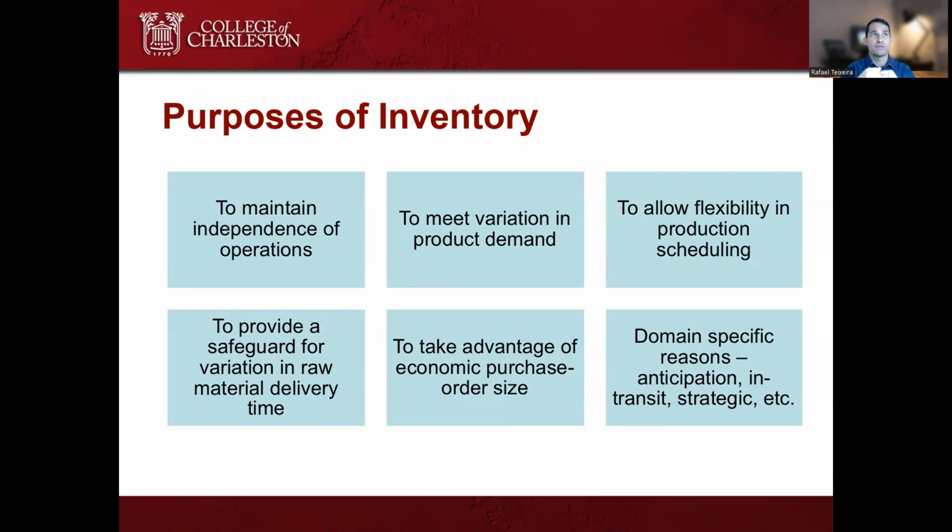Imagine that if some process doesn't have parts available, then it has to stop. Employees in charge of that process are not going to do anything. They're going to sit there waiting for parts to come. So we want independence of operations. That's one of the purposes of having inventories within a company.